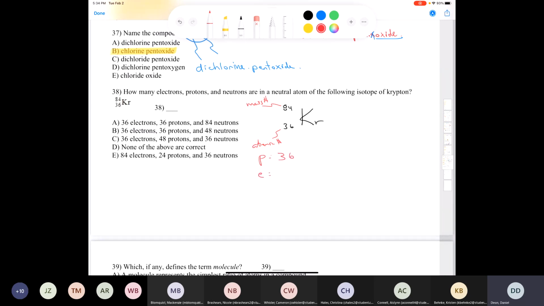We also have 36 electrons because there's no charge, right? And the number of neutrons is going to be equal to 84 minus 36. And that gives us 48 neutrons. So let's see here. We should have 36 electrons, 36 protons. There we go, 48 neutrons. So this would be our answer like that.